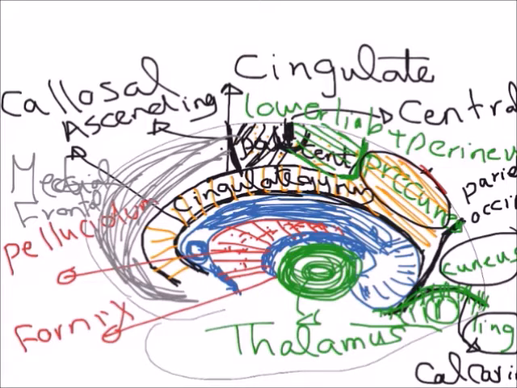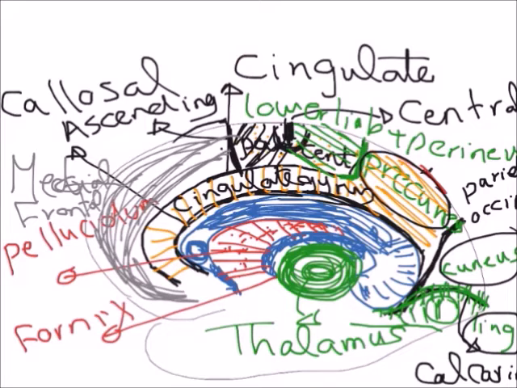And in front of the precuneus we will find the paracentral lobule, which is around the beginning of the central sulcus, and in front of the ascending limb of the sulcus cinguli, the rest of the frontal lobe is called the medial frontal gyrus. Between the sulcus cinguli and the callosal sulcus we have the cingulate gyrus of the brain.